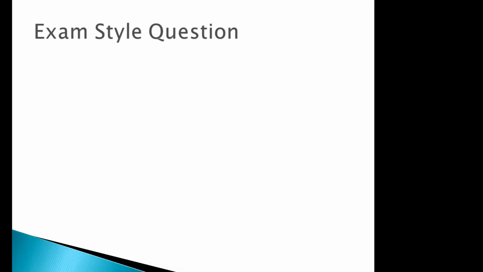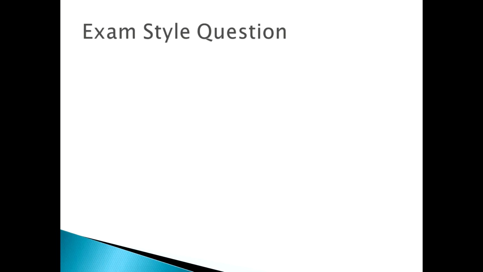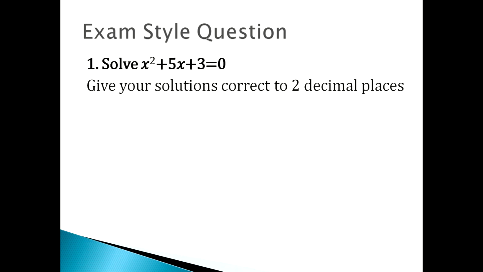Now we're going to look at an exam style question. Solve x squared plus 5x plus 3 equals 0. Just by looking at it, we already know that we won't be able to factorize the quadratic to get whole numbers as x, so you have to put it into the quadratic formula.